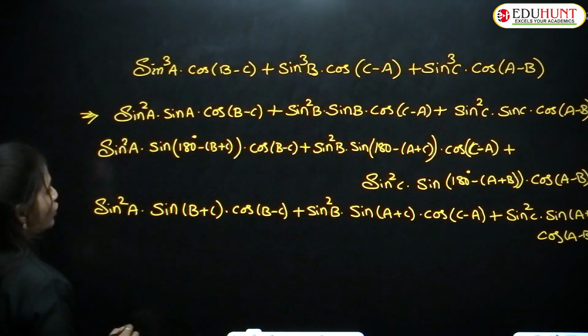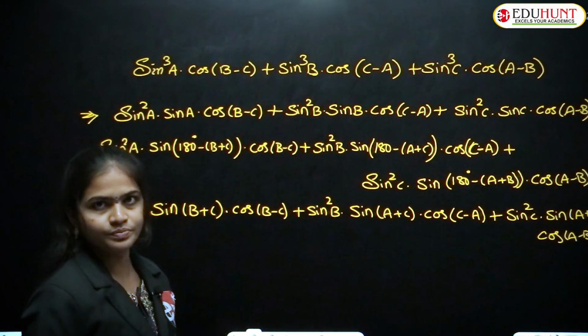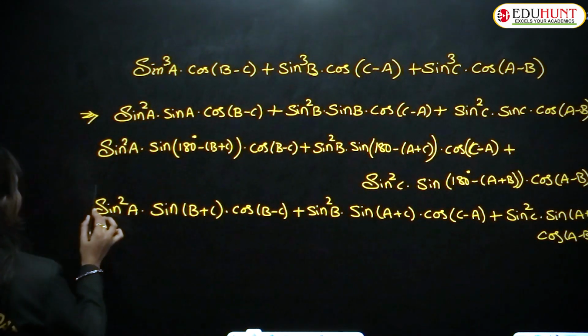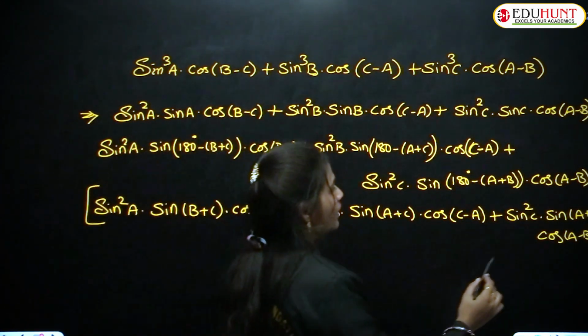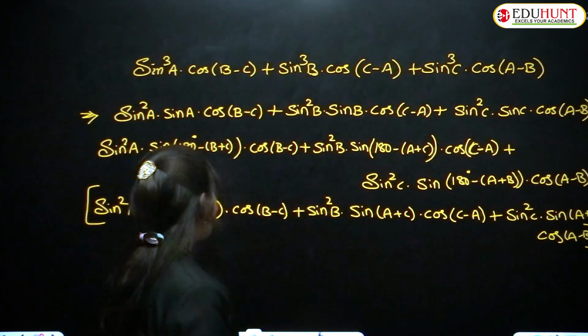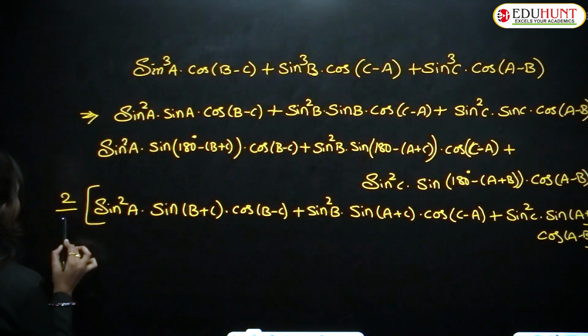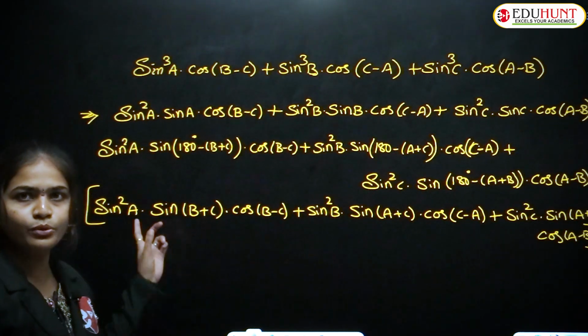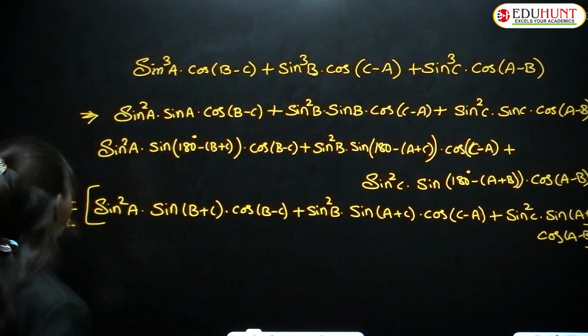Now here I want to multiply and divide by 2. Multiply and divide this total term by 2. So here 2 and 2 get cancelled again, no?